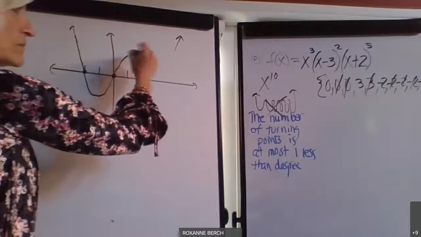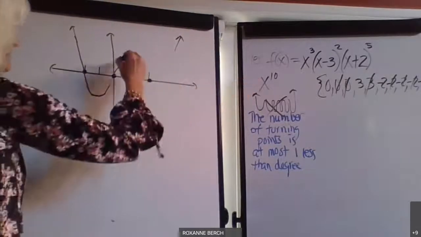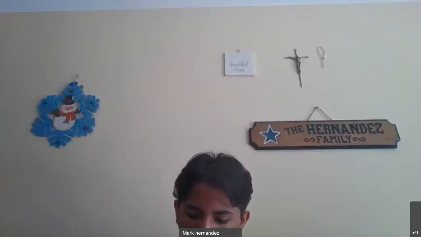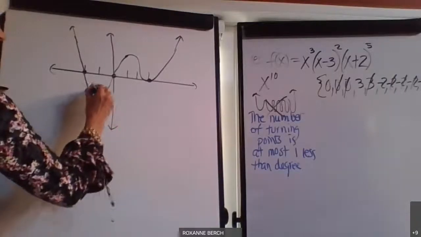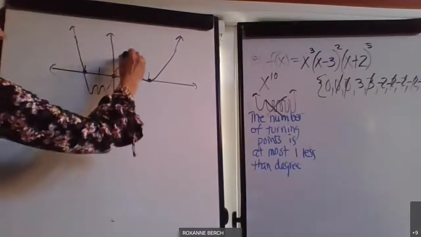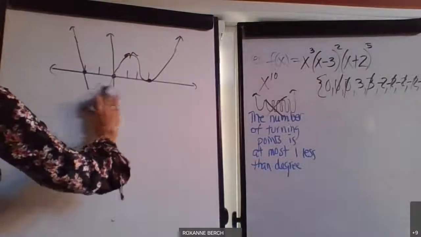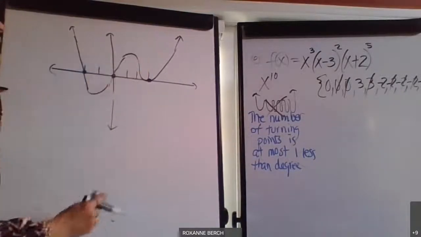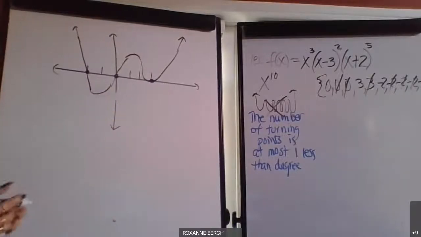It's even, so it touches and turns. So there's your graph. And if you're wondering where are all the waves, we can't see them. There might be some in here, but we don't care. This is a really close sketch of the graph. So we don't know what's happening in between here, but this is a very close sketch of the graph.